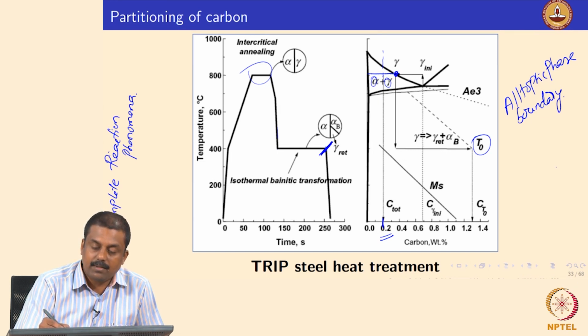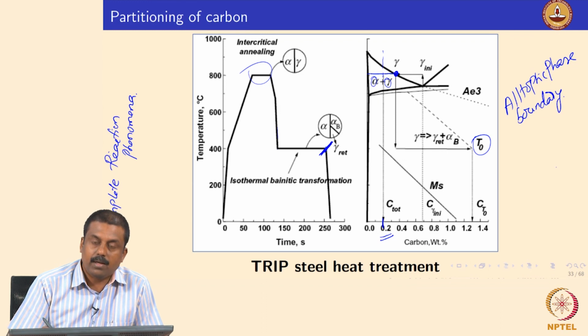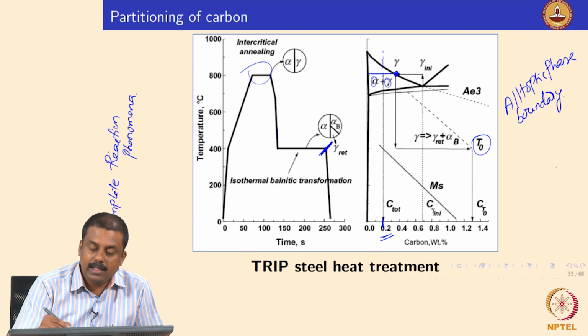The carbon concentration of the 40% austenite is given by this point, right. That will be higher than your bulk carbon concentration of 0.2. Now we are cooling the microstructure of 60-40, for example, or even 50-50, no problem.